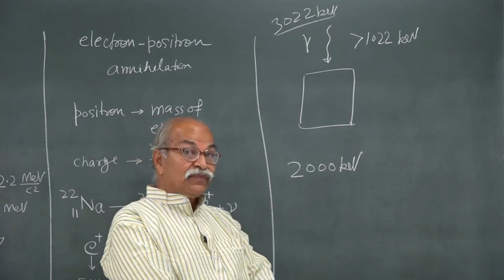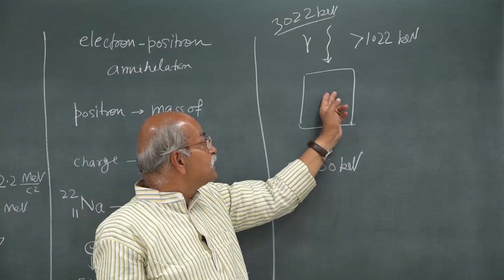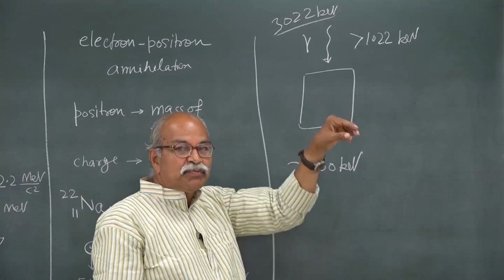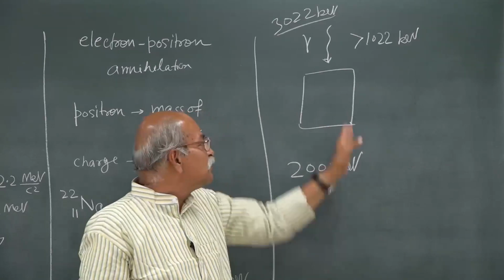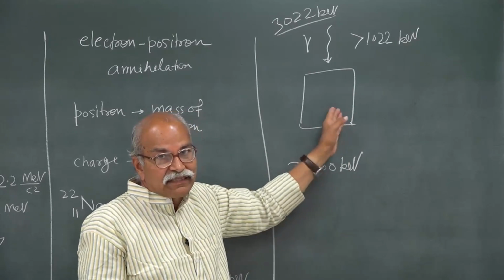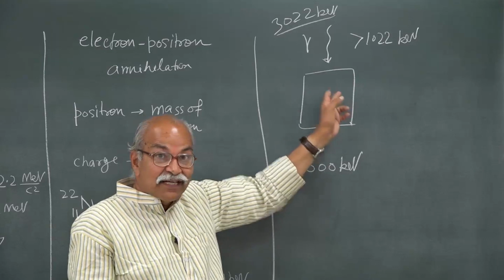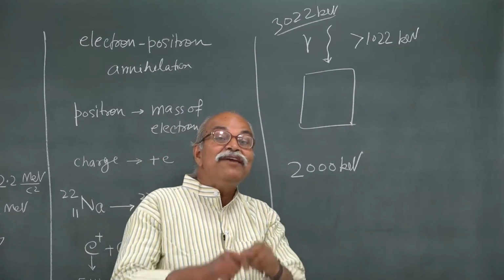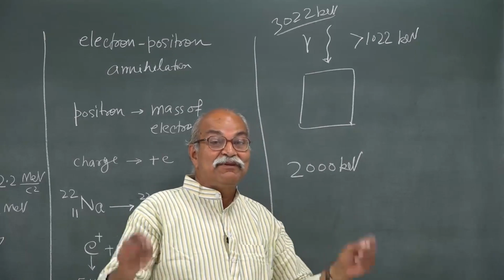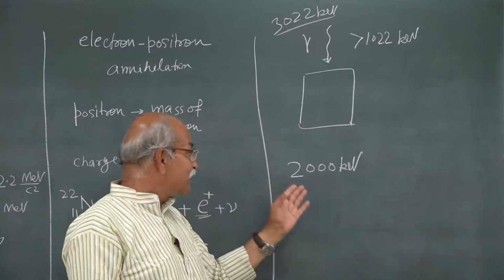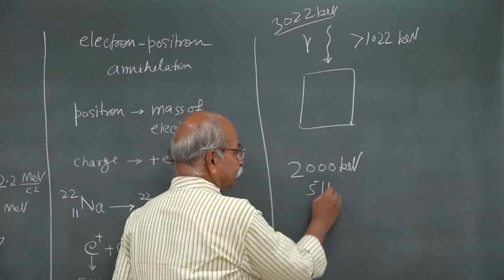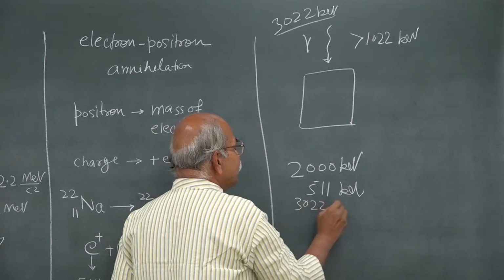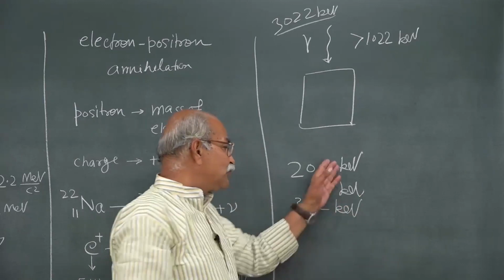Also, the electrons and positrons which are created here will be moving in some direction, and this positron will ultimately meet some electron of the detecting material, and there they will again annihilate each other, and 511 keV gamma rays will be created, and those are detected in the system. So, together with the 3022 keV, you also have these photons.